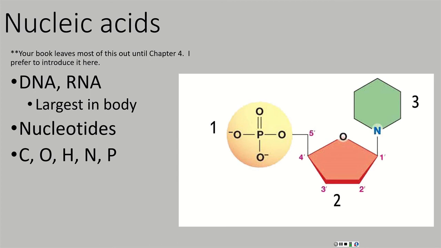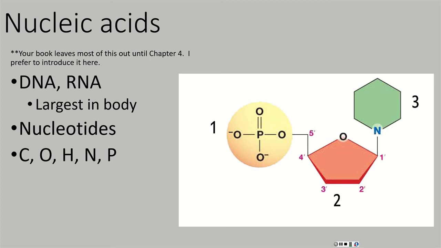All right, well, DNA and RNA, they are nucleic acids. Nucleic acids, they do fit our scheme that we've been following. They are polymers. And the monomers that they are made of are called nucleotides. Nucleic acids are the polymer, nucleotides are the monomers.